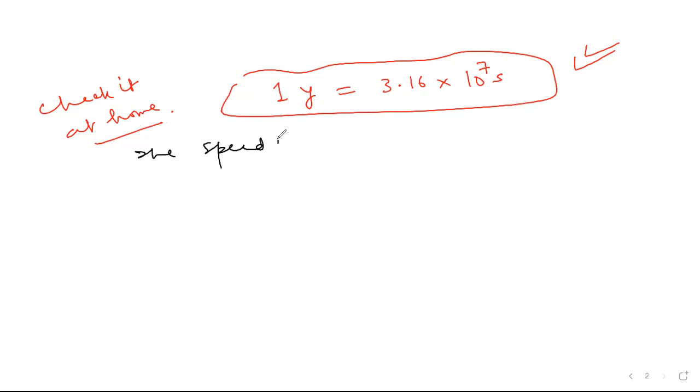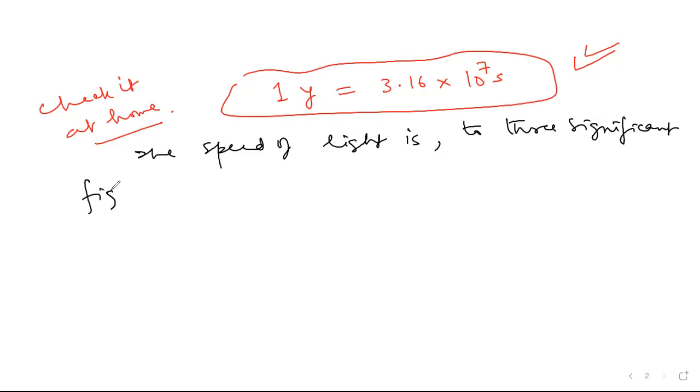The speed of light, if you write it to 3 significant figures, is 3.00 into 10 raised to the power 8 meter per second.